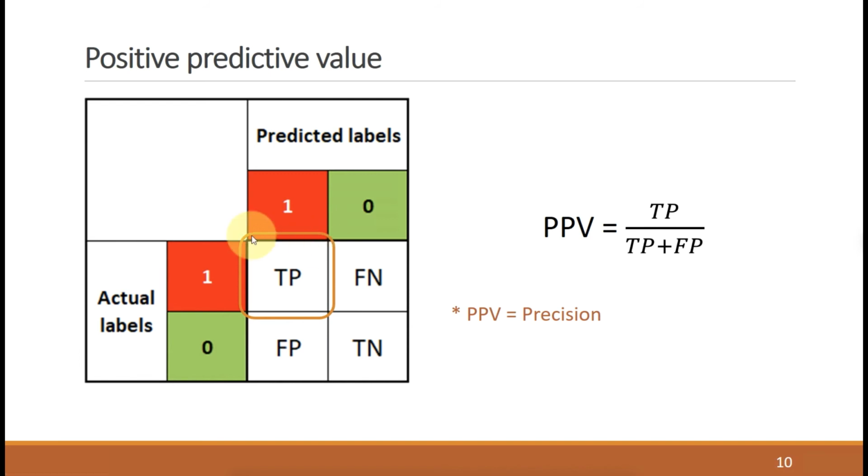But instead of the ratio between this cell and the row sum, the positive predictive value is the ratio between true positives and all the positive predictions, which will be the column sum of the positive predicted labels. So positive predictive value is describing the proportion of true positives out of all the positive predictions, not necessarily all the positive actual labels. So it's focusing on the predicted labels. And by the way, PPV is also known as precision.